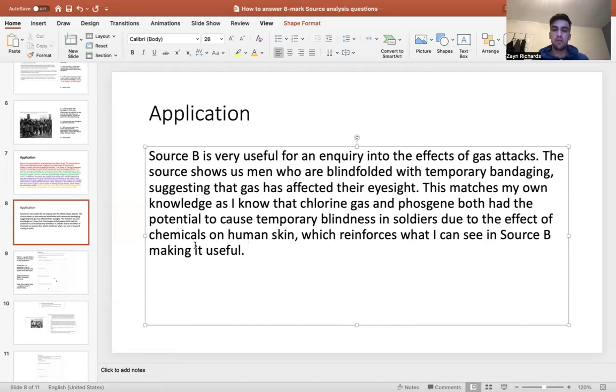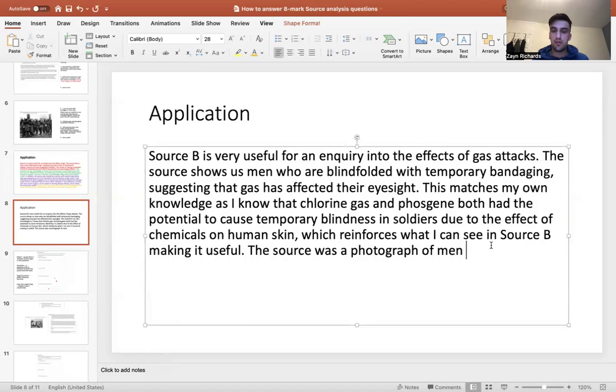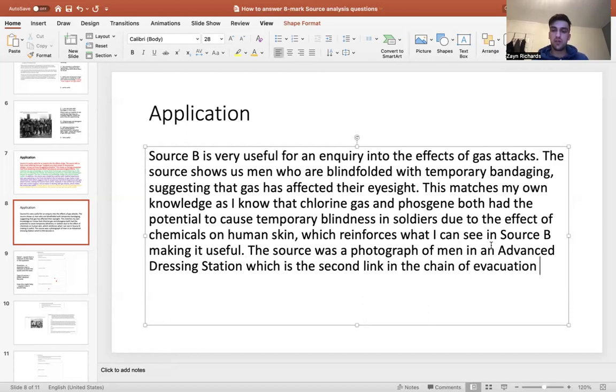Then we'll say the source was a photograph of men in an advanced dressing station, which is the second link in the chain of evacuation, and therefore the panic and chaos in source B can be understood. The panic and chaos in source B is typical.